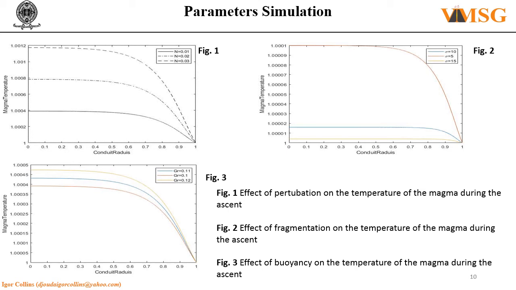In figure 1, we have the effect of perturbation on the temperature. When the perturbation increases, magma temperature also increases. In figure 2, when the rate of fragmentation increases, magma temperature decreases. And in the last figure, when buoyancy increases in the conduit, magma temperature also increases.